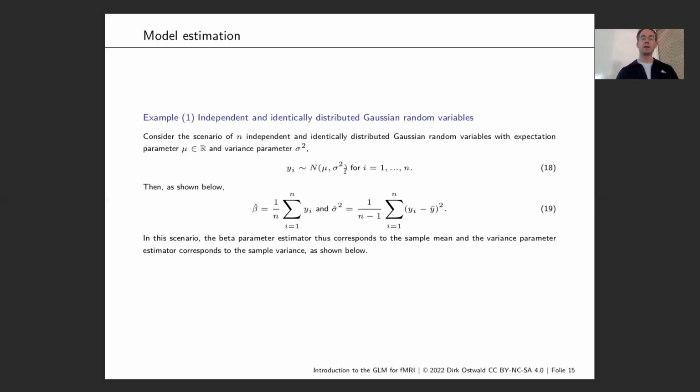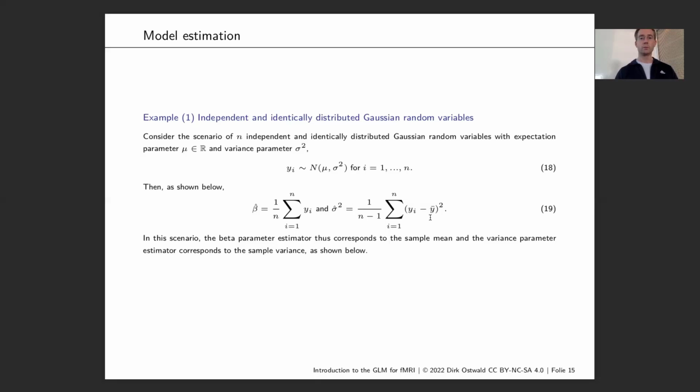And then it turns out that our estimate for mu, which is beta hat, is just the sample mean of our data points. And our estimate for the variance parameter is just the standard sample variance that you all know.